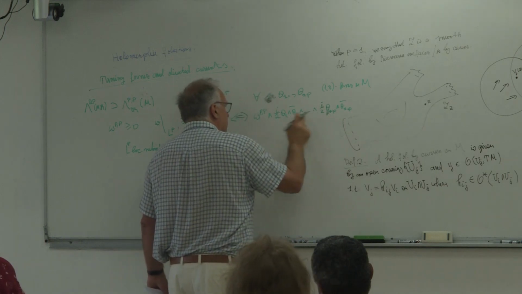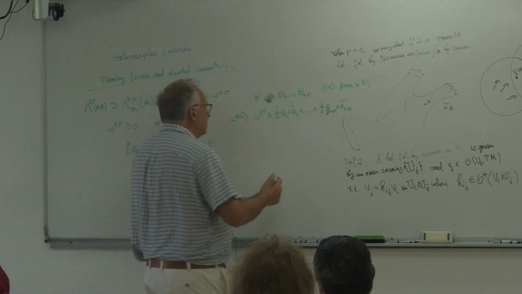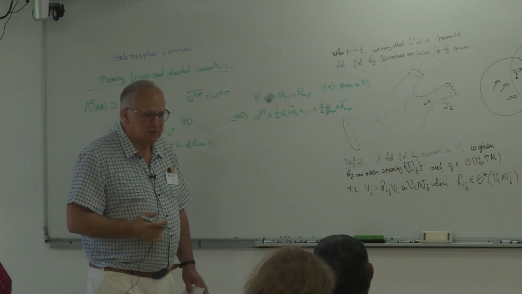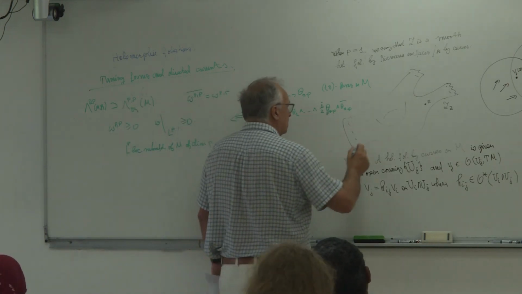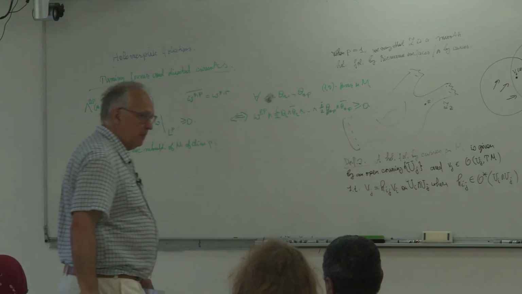Why i? To make these pieces real. This is again a form of top degree, so again a function, up to change of coordinates, and this should be positive. So this is the same, okay.